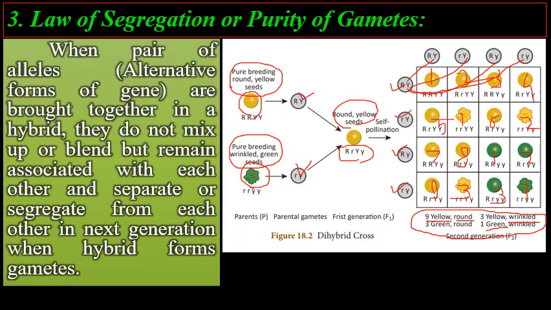And dominance means the number of yellow round individuals is 9 while the number of green wrinkled individuals is 1. So the dominant is yellow round and the recessive is green wrinkled.